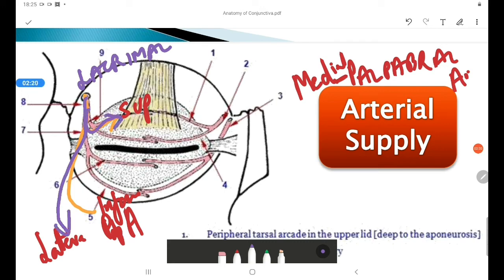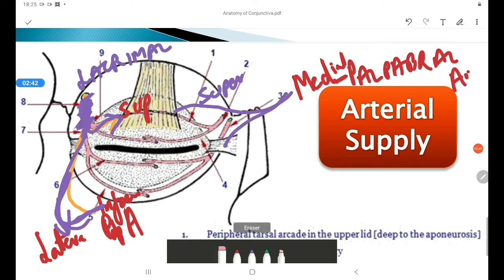This is the superior and this is the inferior branch. Similarly, we have a medial palpebral artery which divides into a superior and another, which is called the inferior palpebral artery.